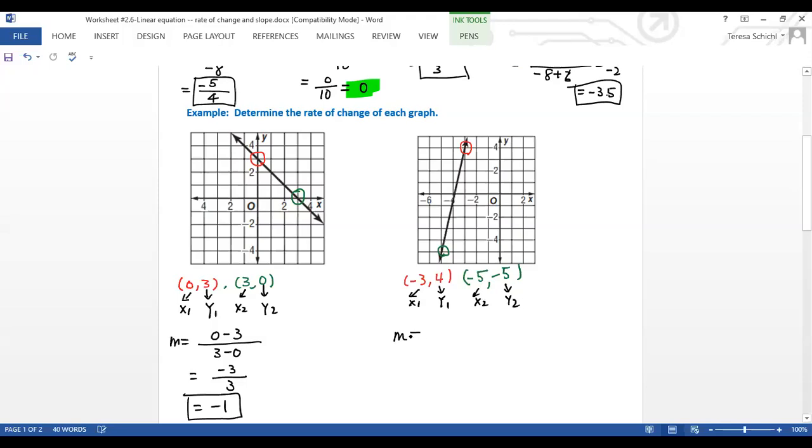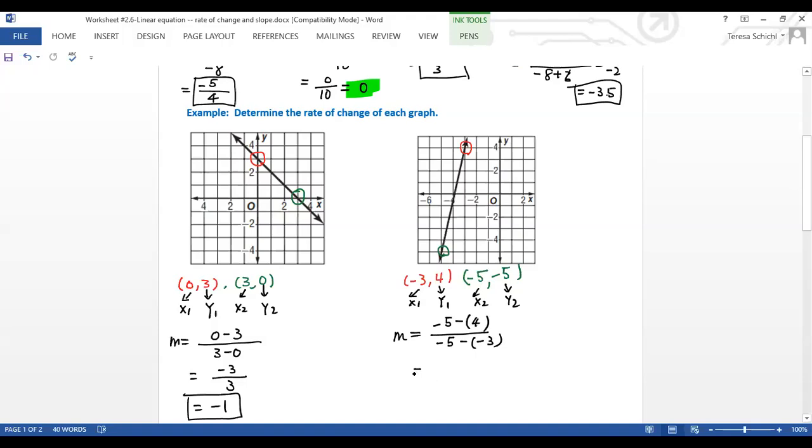So what is the slope? The slope will be x2 minus x1, so it's -5 minus -3 in the denominator, and y2 minus y1 is -5 minus 4.